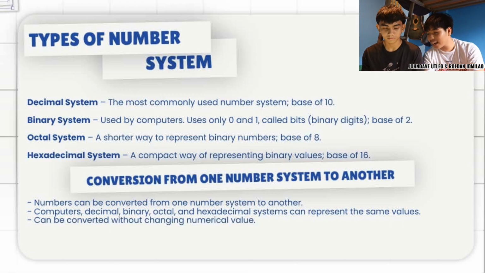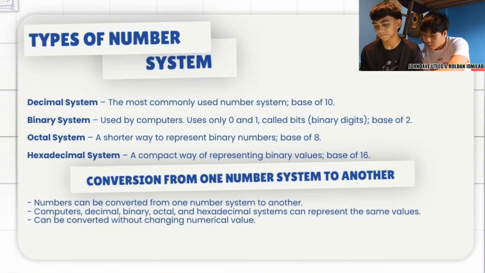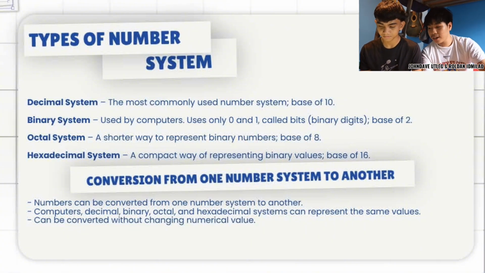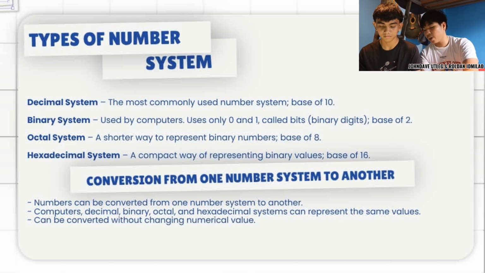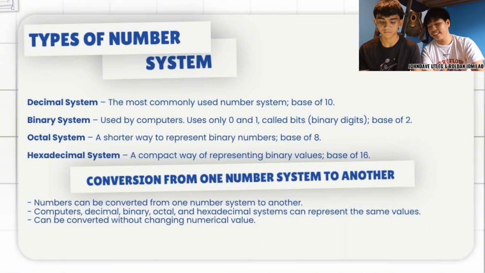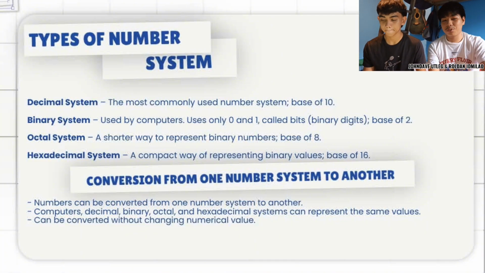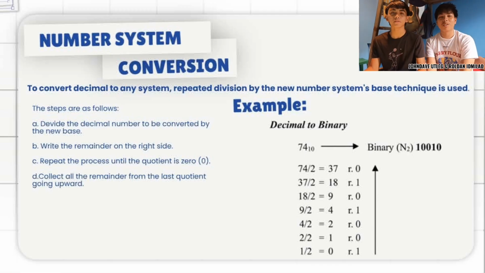And then ang kanyang mga gagamiting digits naman ay 0 to 9 yung number, and then sa alphabetical ay A to F kasi kapag nag-10 na pwede mo nang palitan ng A, and then 11 B, and then 12 ay C hanggang sa F.